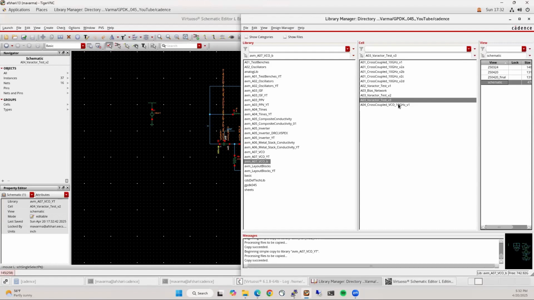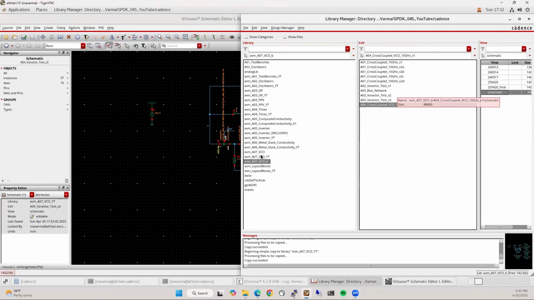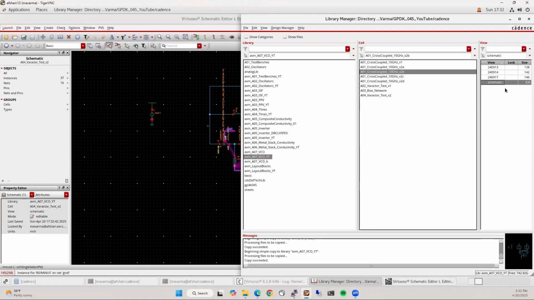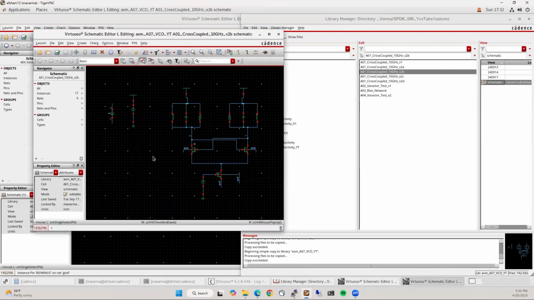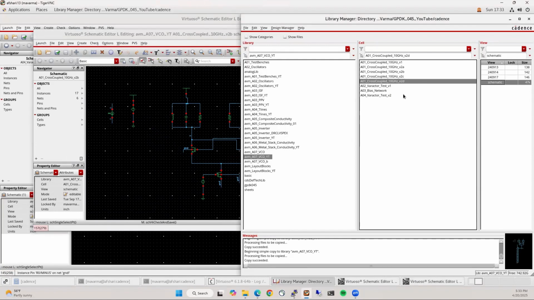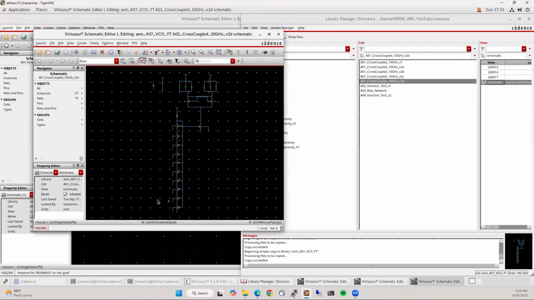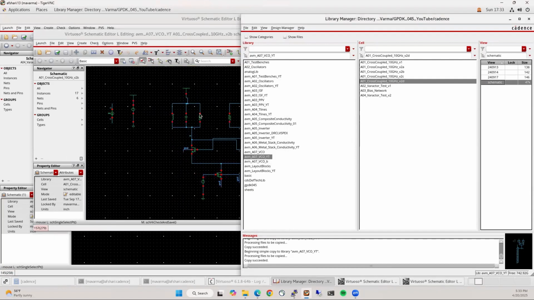Okay, so let's use this one where I still had a voltage source out here, and later we removed that voltage source, if you remember. But just for the sake of simplicity, I'm going to not use that design and just use the design that had the voltage source.